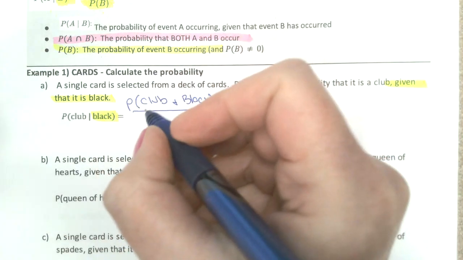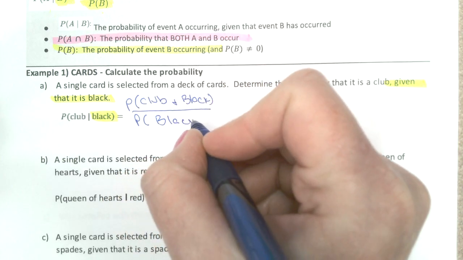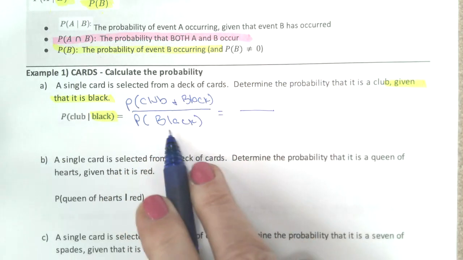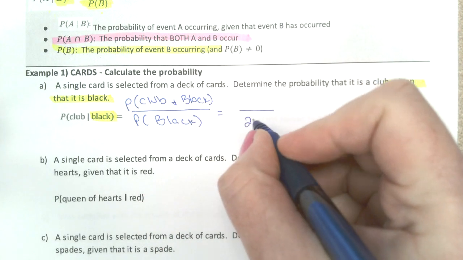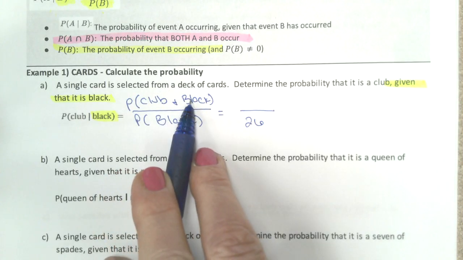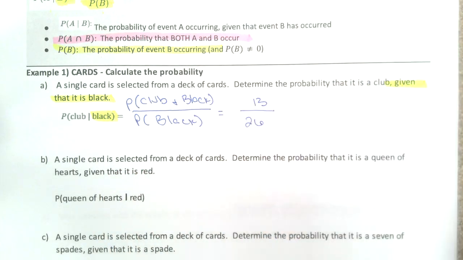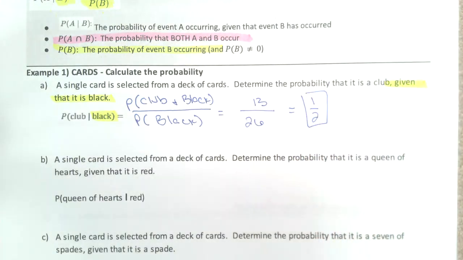And given that it is a black card, half the deck is black, so that means 26 of the cards are black. All clubs are black, and there are 13 clubs in a deck of cards, and that would reduce to 1/2.